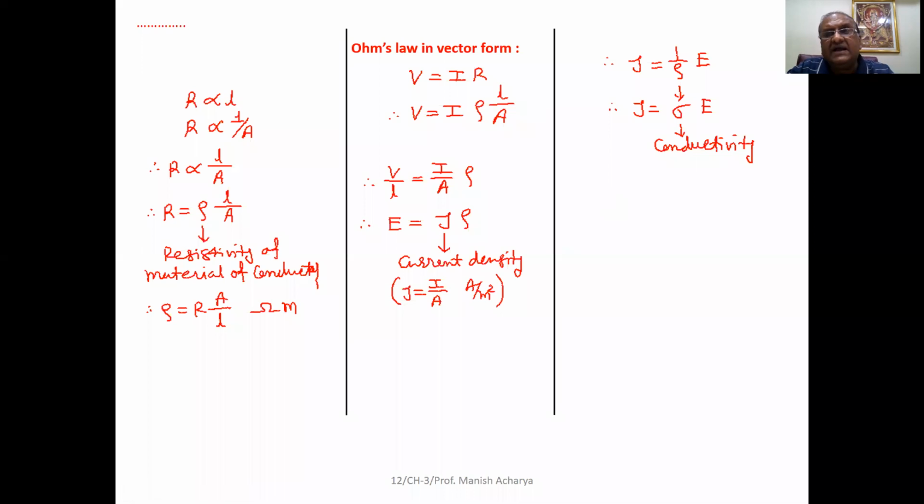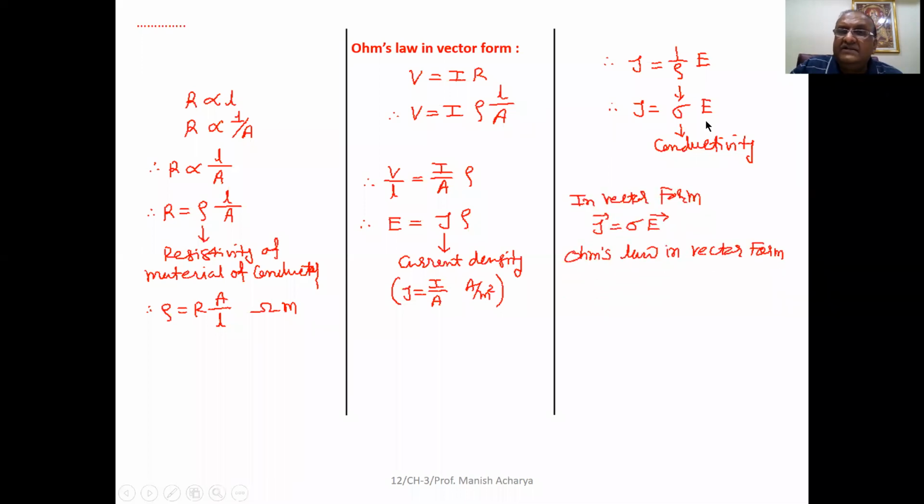So we can rewrite this equation in vector form as vector J equal to sigma into vector E. This equation itself is called Ohm's law in vector form. Clear to all of you?